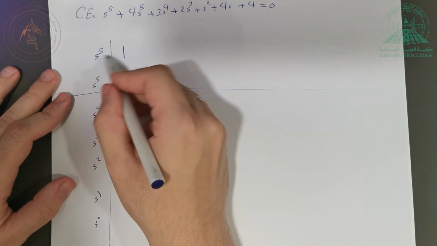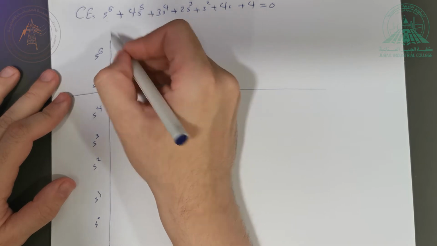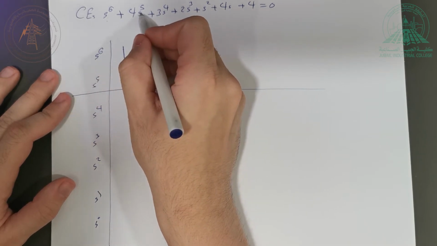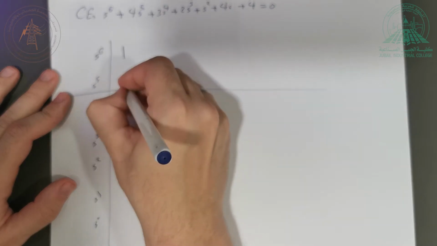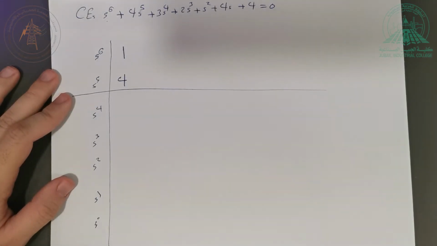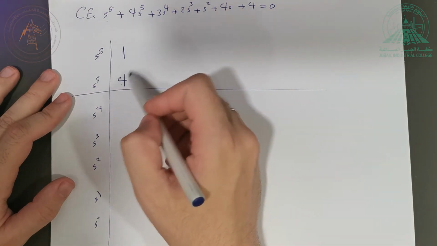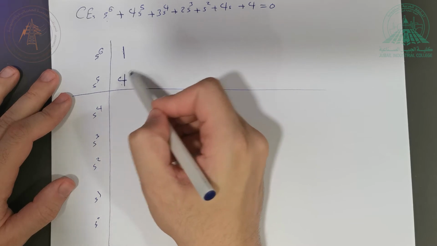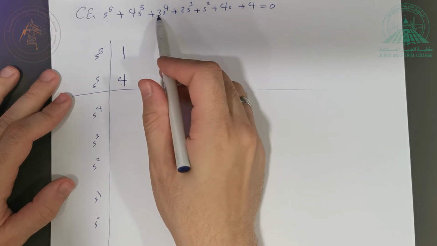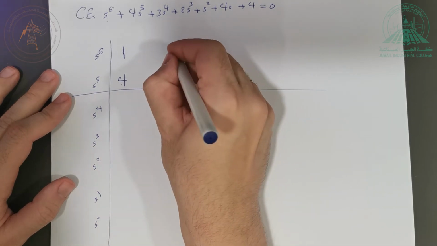So I start here. For s6, I put 1. How about s5? I have 4, so I put 4 here. Then the next term, I move here again, as we said. I start by this, go down, then go up here. What's the next number? 3, so I'll put 3.